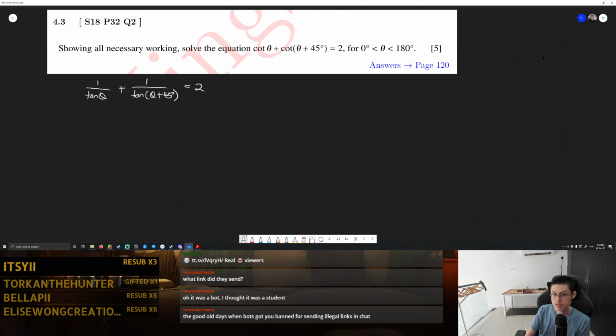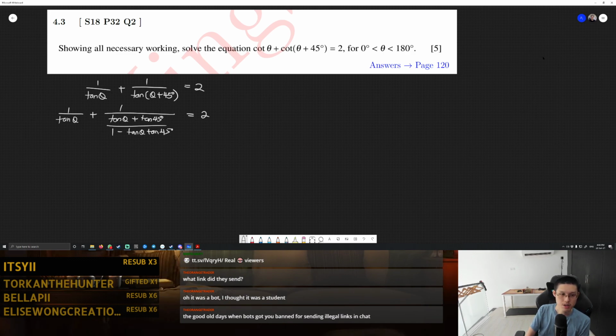Now, this looks like something you can expand because we know what the addition formula for tangent is, right? So let's expand that. What is the addition formula for tangent again? Let me think. It's tangent theta plus tangent 45 divided by 1 minus tangent theta tangent 45 equals 2.